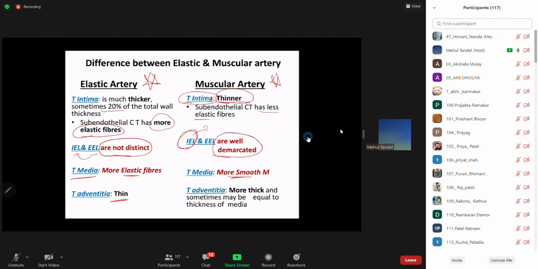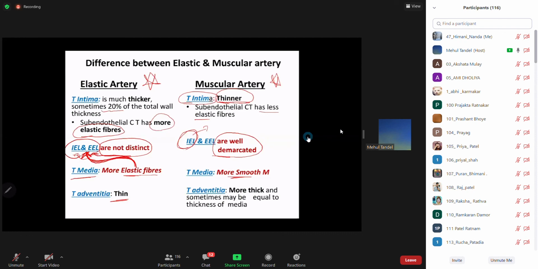Now the reason: in an elastic artery, the tunica media has more elastic fiber, so these structures look the same. The elastic fibers appear the same as the elastic fiber present in the internal and external elastic lamina, so you cannot clearly differentiate them from the elastic fiber of the tunica media. So these are not well differentiated in the elastic artery.